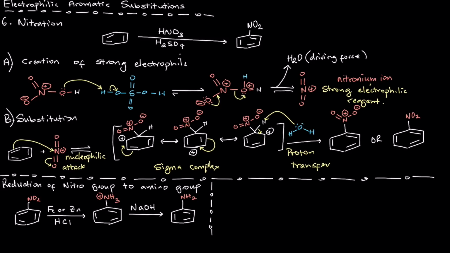So you're going to reduce your nitrogen from your NO2 to your NH3+. When you get here, because you're in acidic solution, it will stay protonated. So in order to get to your neutral aniline, you can take that product and react that with sodium hydroxide.